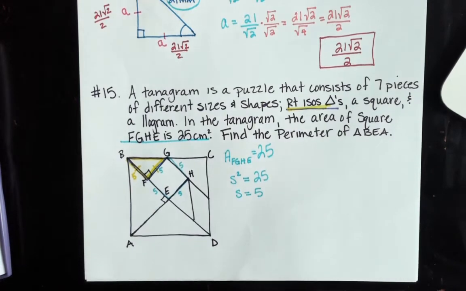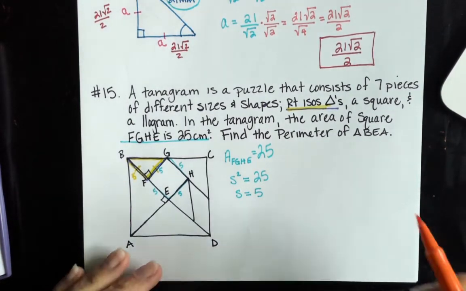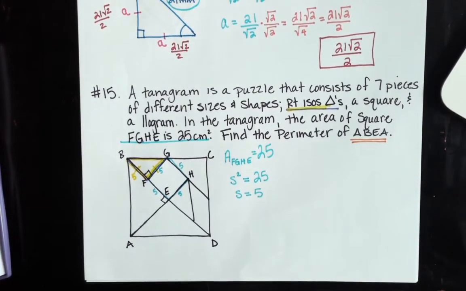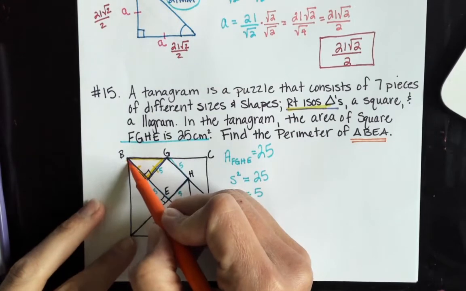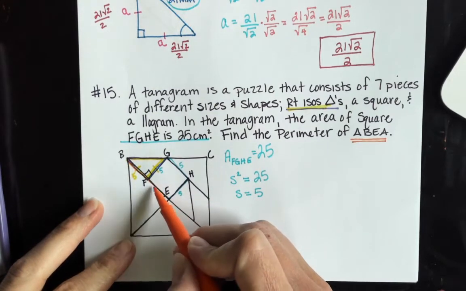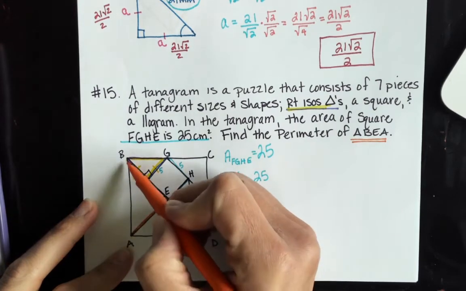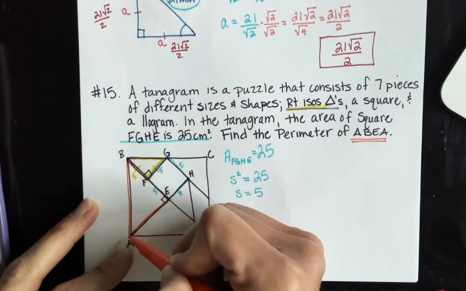So now what I know, and I'll highlight this one in orange, when we go and actually try to find the perimeter of BEA, BEA is this triangle.